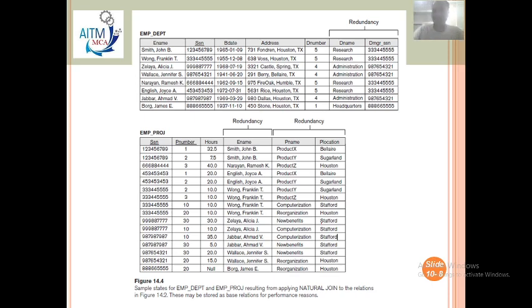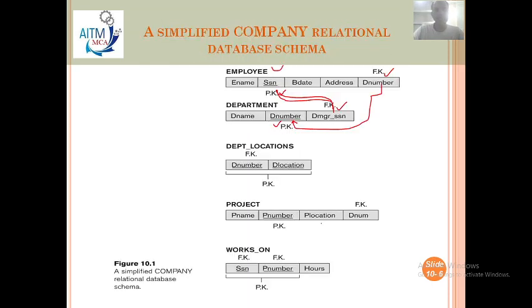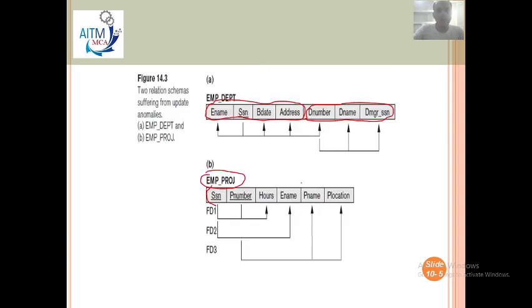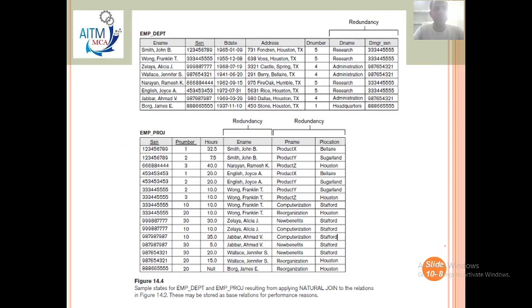In the previous example, see here now, we combined the employee table as well as the department table. This is an employee table and a department table. Got it? Let me take an example of the same.